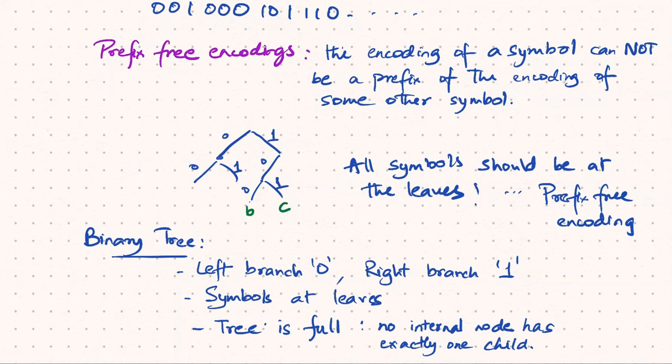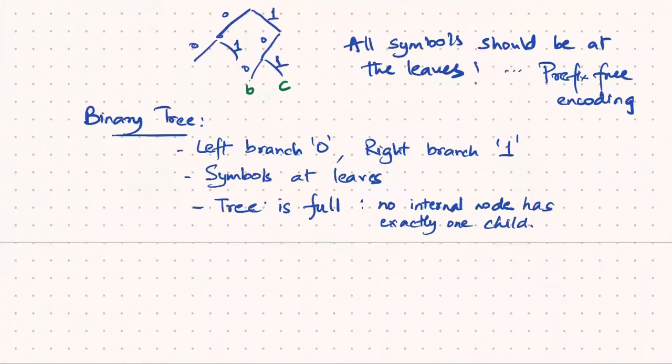Now I think we are in a position to state our problem a little more formally, and we'll use this notion of trees that we have developed to define our problem. The input to our problem is n symbols with given frequencies.